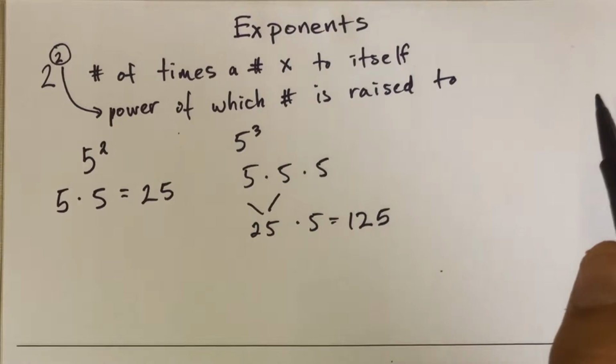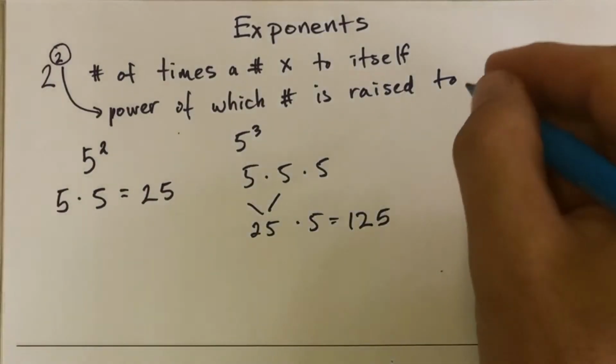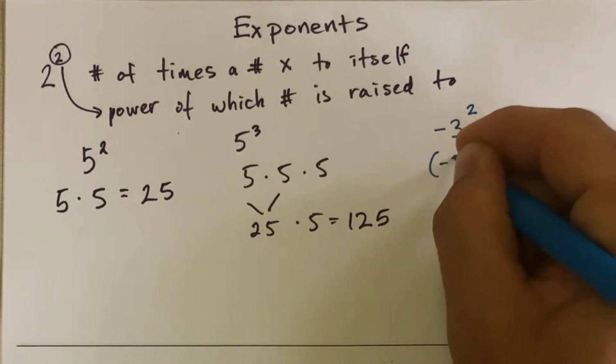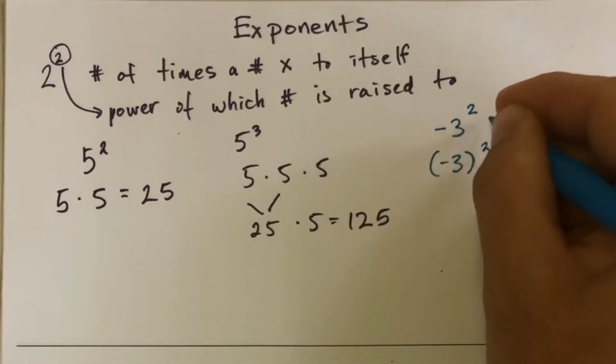There are a couple special cases. For instance, if you end up with a negative sign, I like always drawing attention to this, the difference between -3 squared and the quantity, in parentheses, -3 squared.